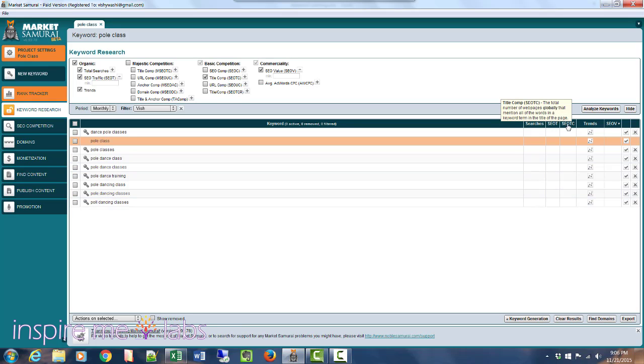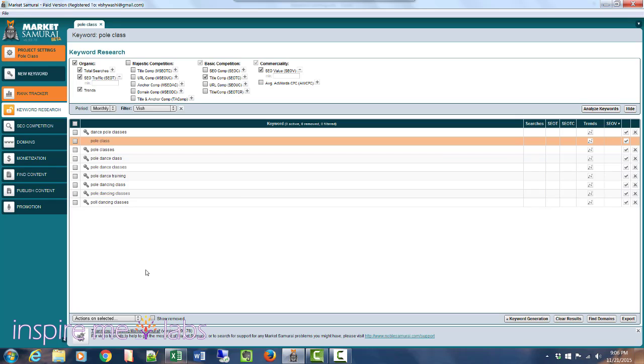And another metric, which is an absolute must-have, is the SEOTC, which is the title competition, which is basically the number of web pages on a global level that mention all of the words in the title of the page. Which means these are the number of pages that have been optimized for this particular keyword.